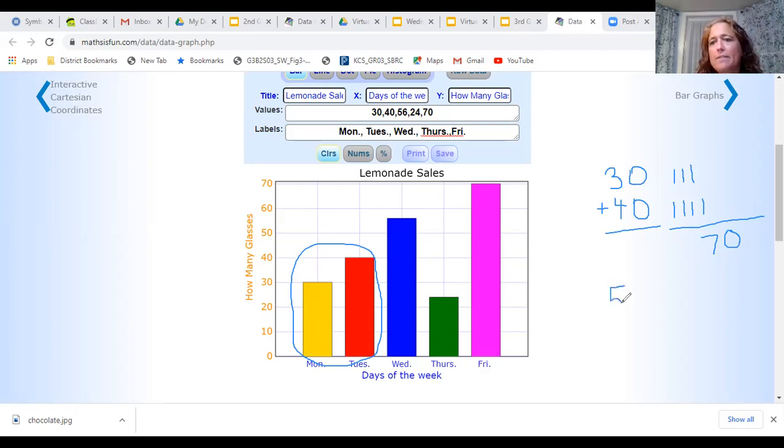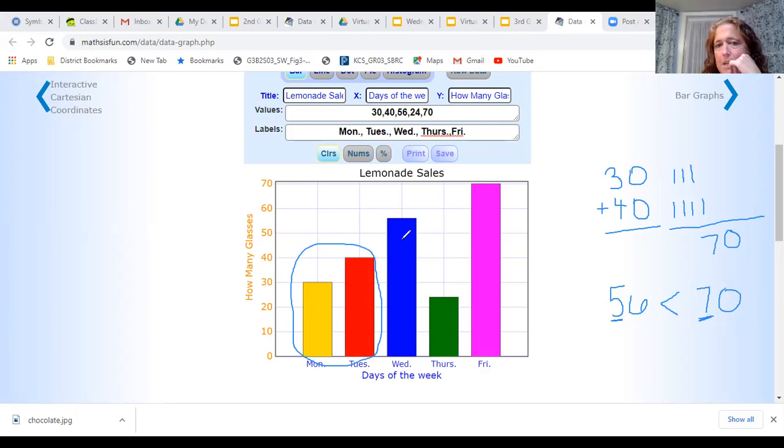So is 56 greater than or less than 70? Well, it would surely be less than, because here we only have 5 sets of 10, and here we have 7 sets of 10. So they sold more lemonade on these 2 days combined than they did on this day alone.